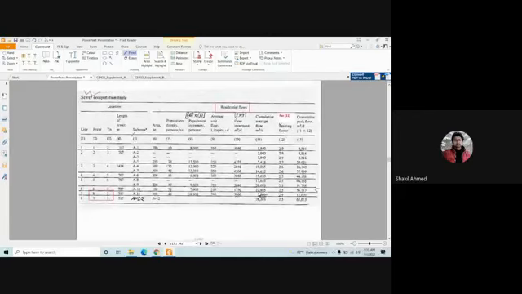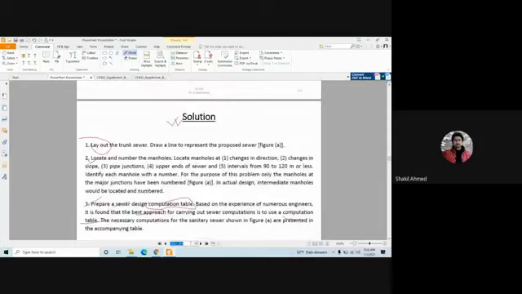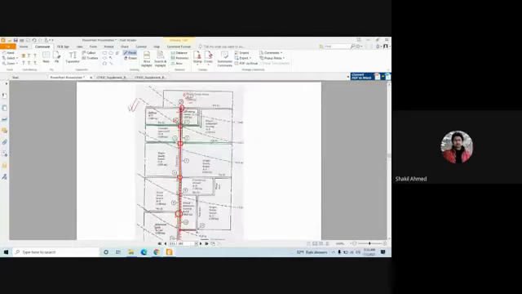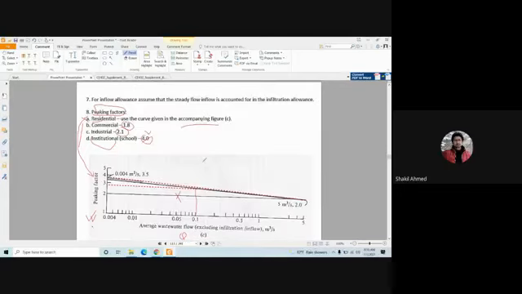Okay. Now, look at this figure, guys. You have residential area, right? Yes, sir. And you have commercial area. You have college, that means institutional area. And if you go back, each of them has different peaking factors, right?